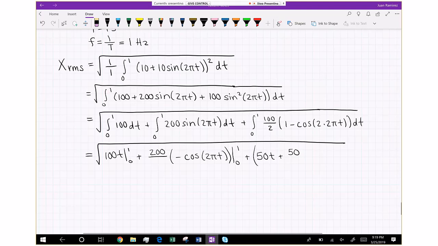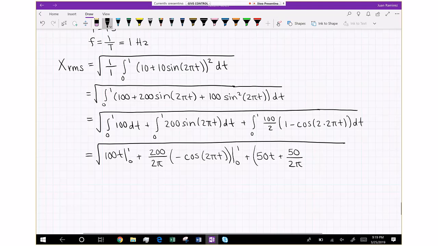That's right. All right, so now we did the integral of 100 is 100t, integral of 200 sine 2 pi t is 200 divided by the 2 pi times negative cosine of 2 pi t. And the integral of 100 over 2 times 1 is 50t.